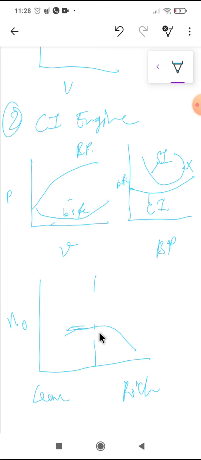So it shows that for slightly weak mixtures the thermal efficiency is maximum, since the fuel supplied will be utilized to the maximum extent.